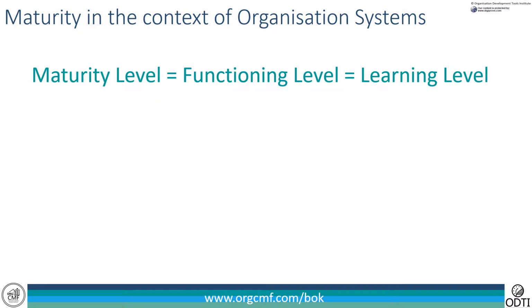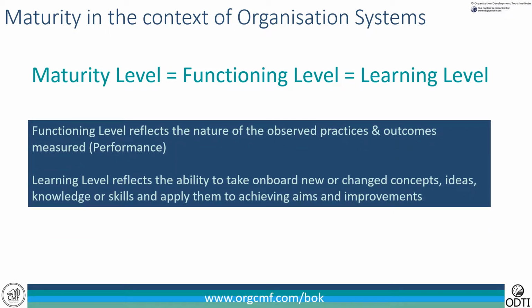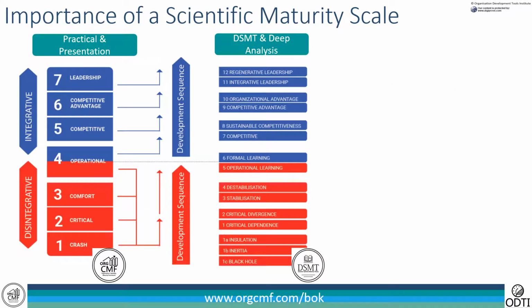A maturity level is reflective of how well an organization functions, its practices, its behaviors, and the outcomes. It is also reflective of its equivalent learning level and ability to learn and adapt to change. In Module 2, we reviewed the research and science that underpins dynamic systems maturity theory.